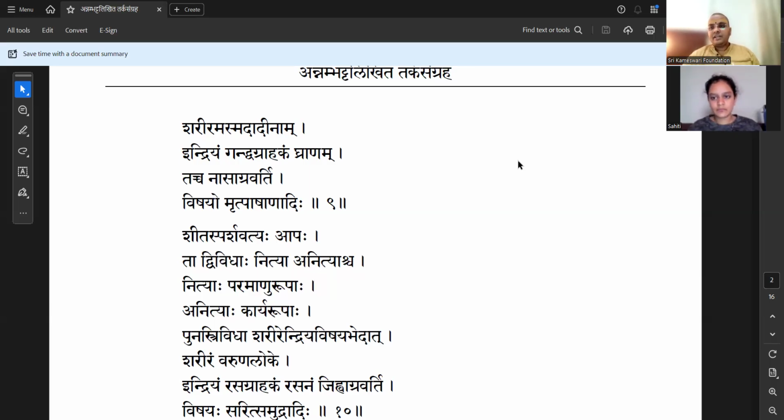That means the Ghranendriya was not actually functioning at that point in time. So this also proves that this external entity is just the placeholder on which the Indriya resides. Therefore it is called Nasagra Varti. Varti means one which is residing on the tip of the nose.